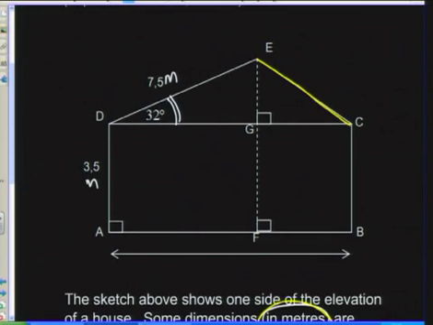Now, using what we've just said earlier, maybe before even finding EC, we need to work out how long this length over here is. Because if this is a rectangle, then I'm working with this as 3,5, and this is 3,5.